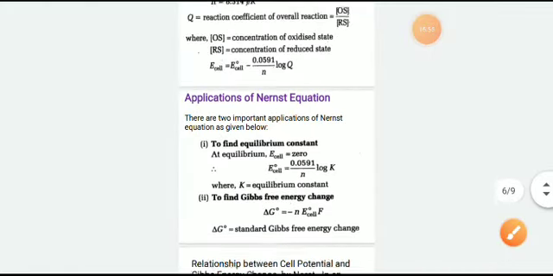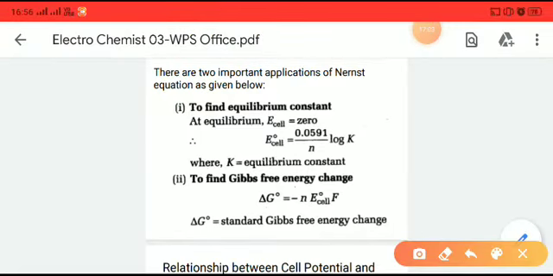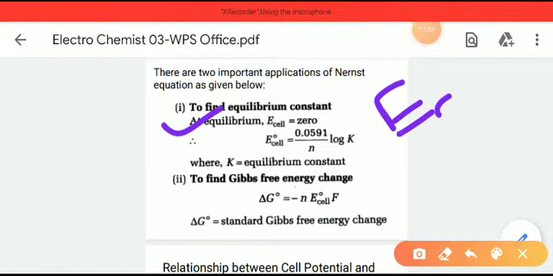The application of the Nernst equation is that by this equation we can get the equilibrium constant. Remember, at equilibrium the E cell will be 0.